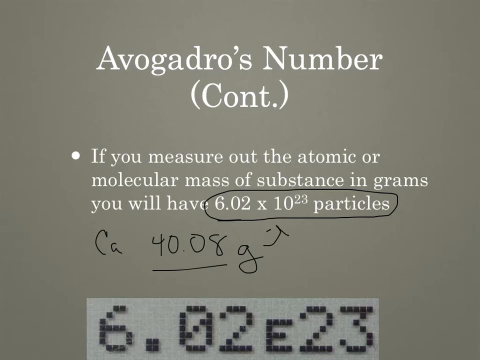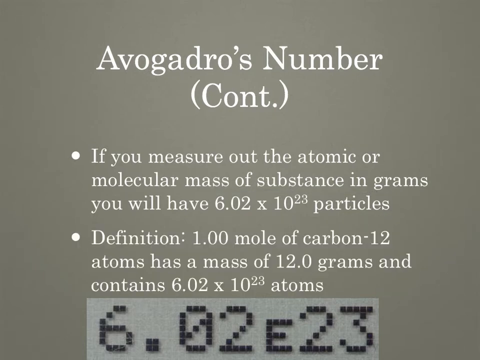Or if we looked up potassium, on the periodic table it is 39.098. If I measure out 39.098 grams, I will have that same number of particles, 6.02 times 10 to the 23rd.